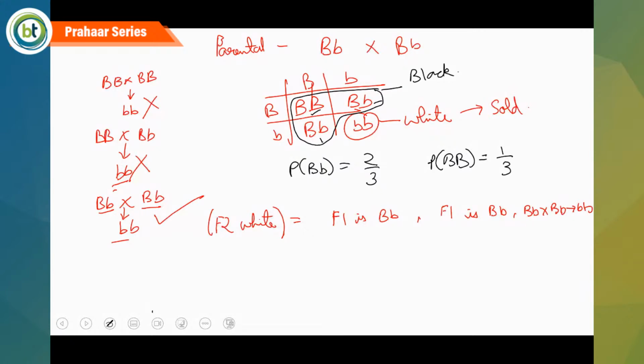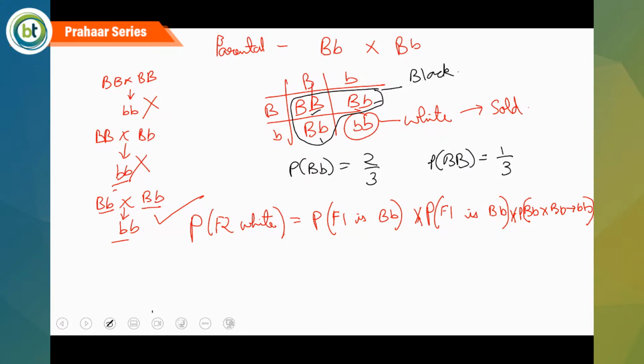So to calculate the probability of F2 to be white, we have to apply the multiplication rule because these events are independent. The probability of these events happening together will be the multiplication of their individual probabilities. So the probability that the first F1 is heterozygote, multiplied by the probability that the other F1 is also heterozygote, multiplied by the probability that their cross produces homozygous recessive.